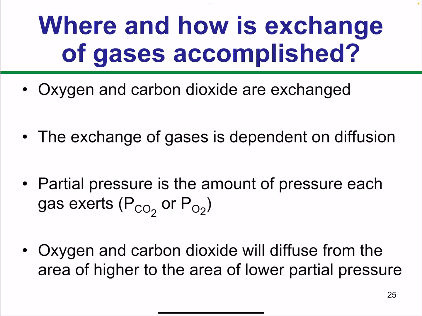And you know, for simple diffusion, the concentration of chemicals across the membrane is very important. The chemicals are going to move from an area where the concentration is high toward an area where the concentration is low, right? Now, we are not going to talk about concentration of carbon dioxide and oxygen, but we are going to use another term, the partial pressure.